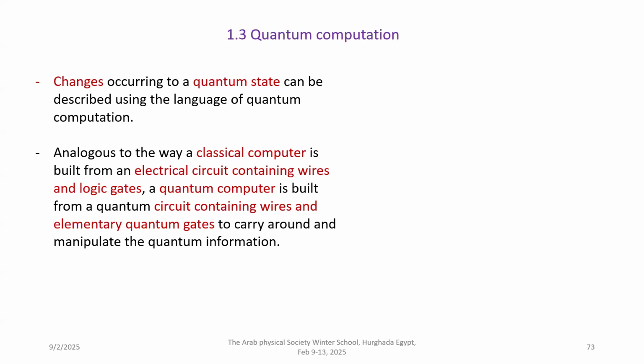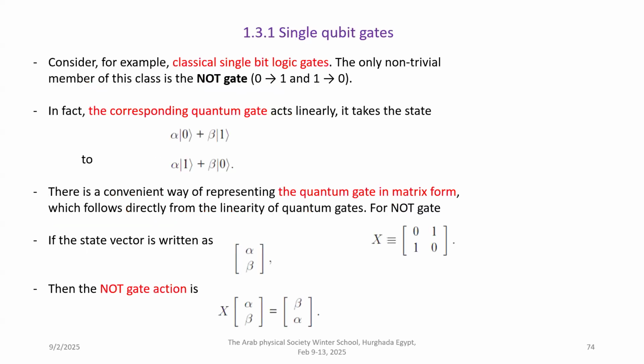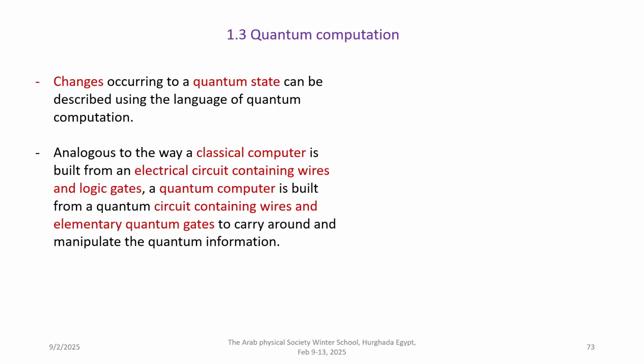One of the very important things that we have to keep in mind is when we talk about quantum computing, it's very similar to what we used to do in classical computers. In classical computers, you have electric circuits containing wires and logic gates.